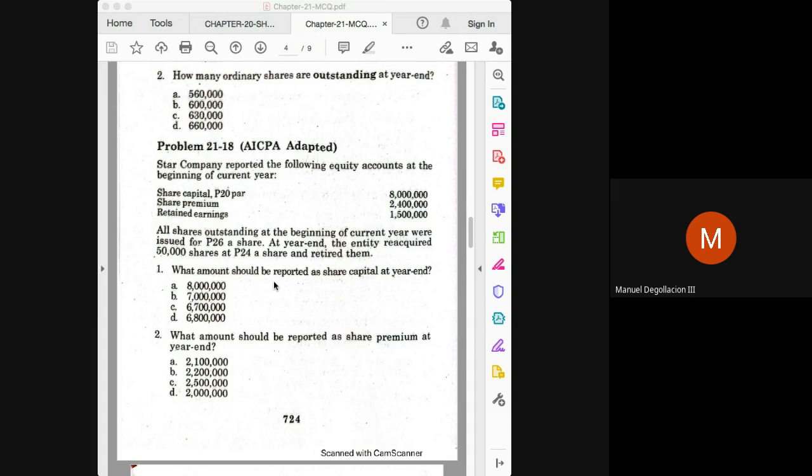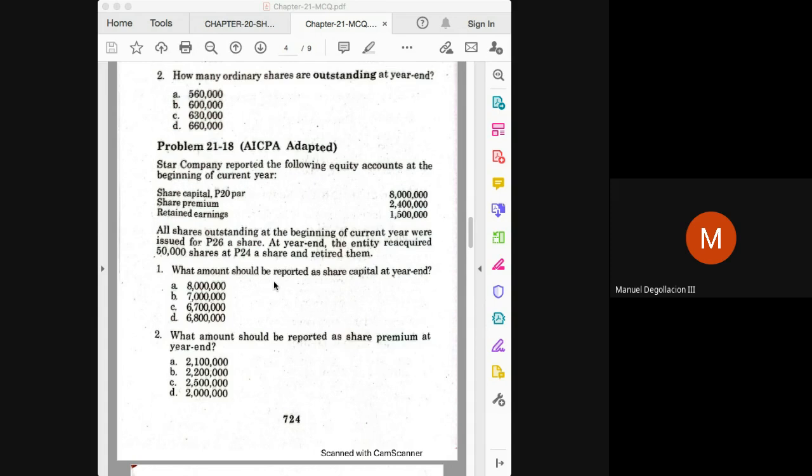The treasury shares are only 1,200,000. So your balancing figure here will be share premium treasury shares.